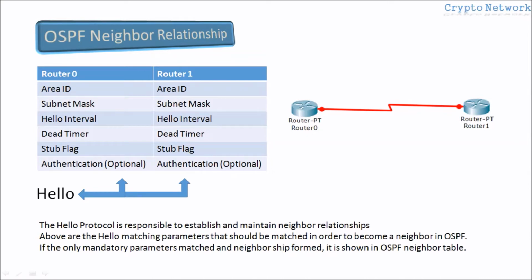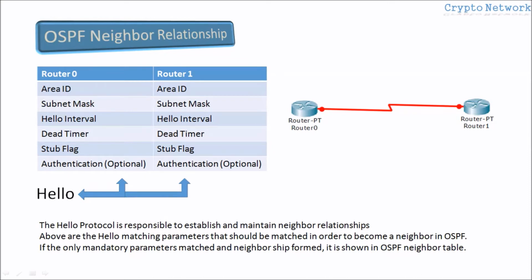That is the only parameter optional. So in the hello packet, we check and match all these parameters, and as soon as router 1 receives a hello and the parameters match, it creates an adjacency with the peer router.